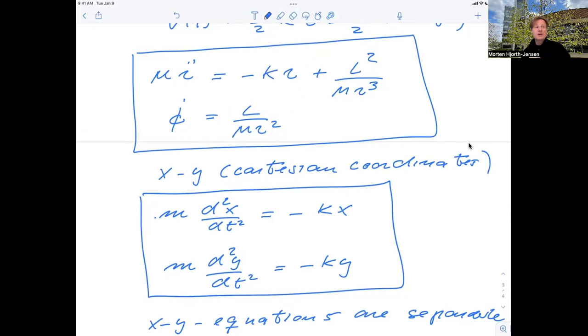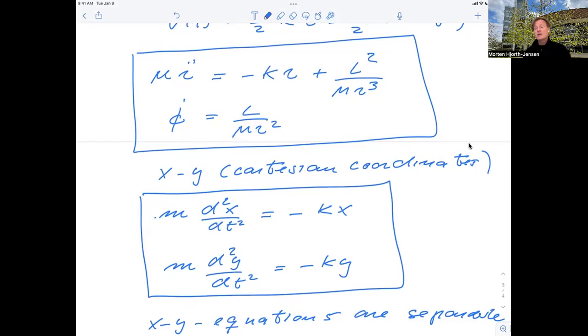I want you to keep this in mind because this is one of the motivations for why we make this transformation to either polar coordinates or spherical coordinates for the gravitational force. In the case of the gravitational force, when you go back to homework number 5, when you studied the Earth-Sun case, what you noted was that your equations, when you wrote them out in Cartesian coordinates, which is normally the easiest way to write the equations when you want to solve them numerically, were coupled.